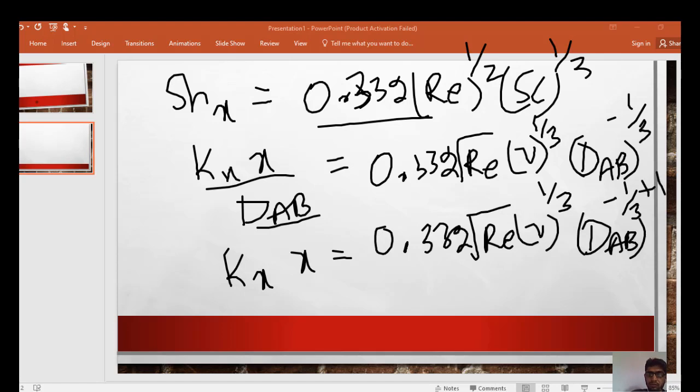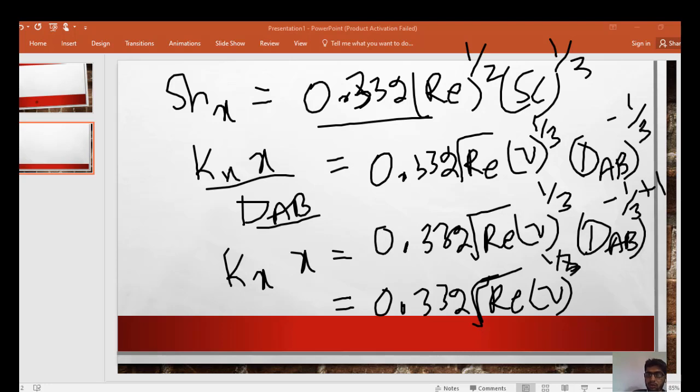So again it is 0.332 Reynolds number under the root, that is to the power 1 over 2. This is kinematic viscosity to the power 1 over 3, and this is 3 minus 1, 2 over 3 for the diffusivity, and this is k.